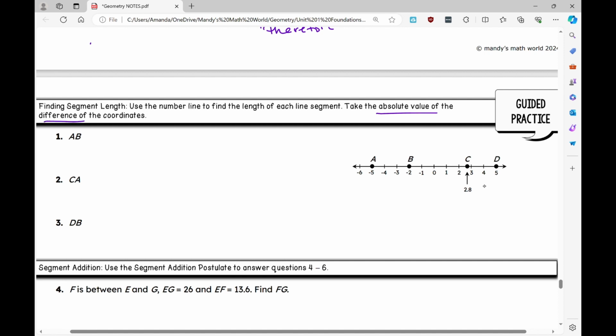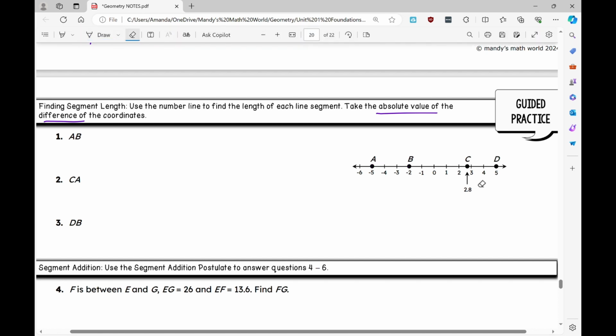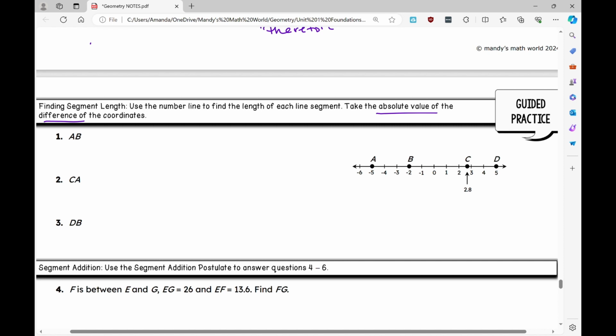So you could go, okay, segment AB is 1, 2, 3, right? That's the length of that. But we're going to do it a little advanced. We're going to do it the same way on every single one of these: the absolute value of the difference of the coordinates. I'm going to do my absolute value bars.